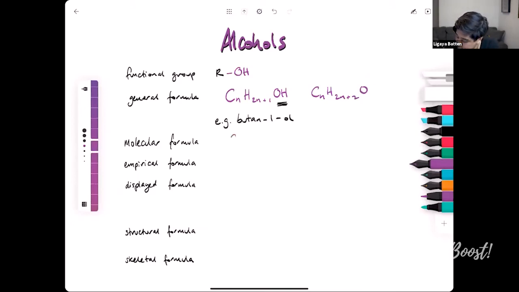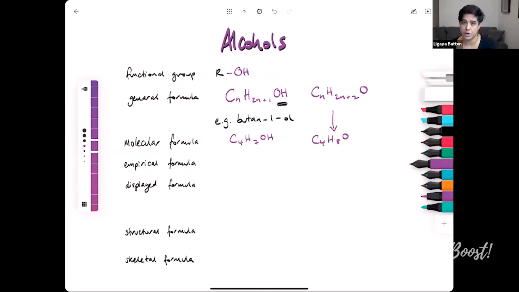So the molecular formula would be C4H7OH. And actually this is an interesting example where strictly the molecular formula should be written with each of the atoms in order. So actually the molecular formula should be C4H8O. This is because the molecular formula is not supposed to show the structure of the molecule.